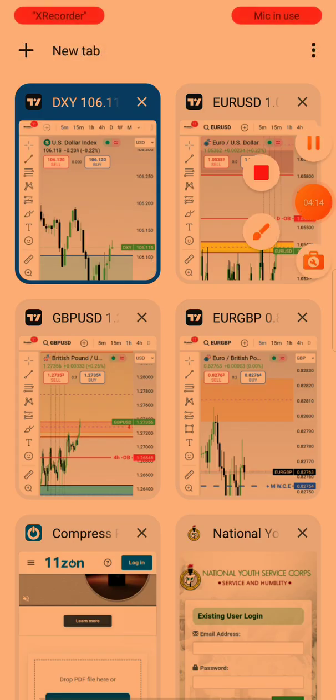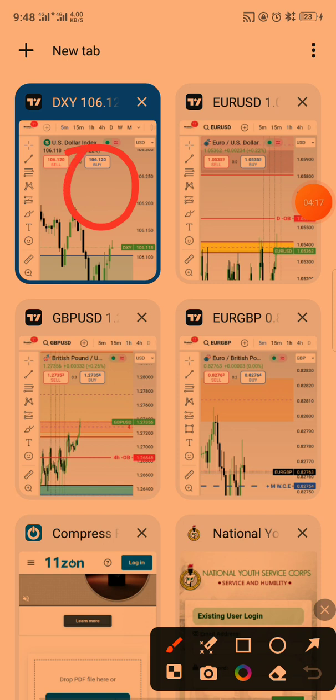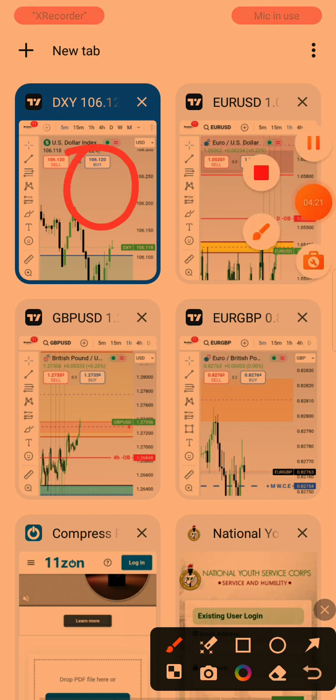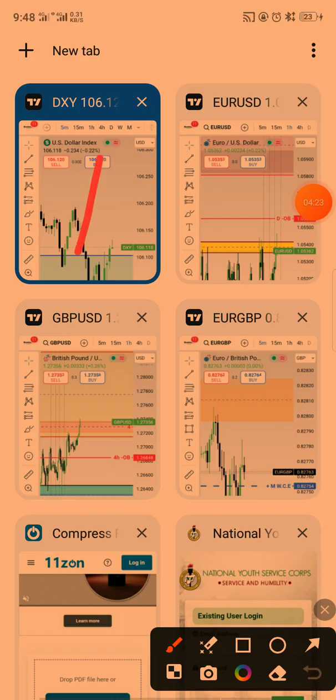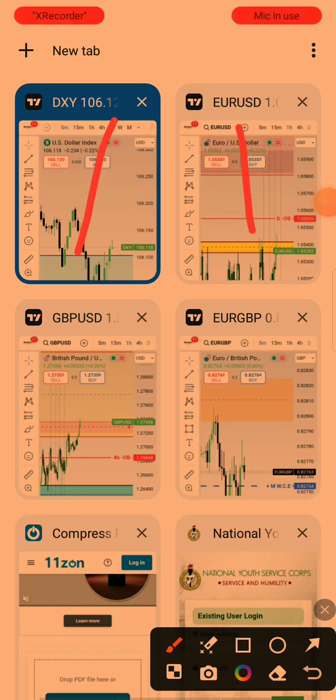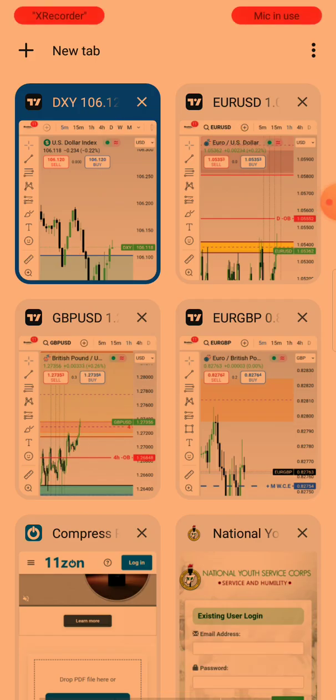So if DXY is to run higher, let me show you what I'm saying. This is DXY, right? If DXY is running up, this EU and GU should be running down, right? So that is what I'm doing here.